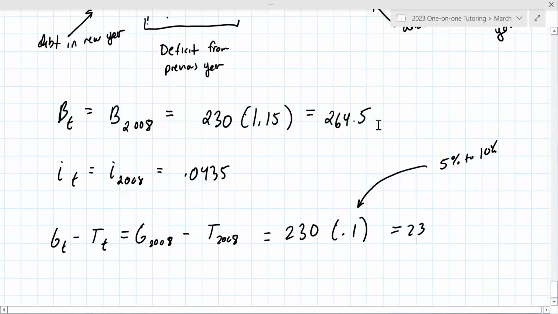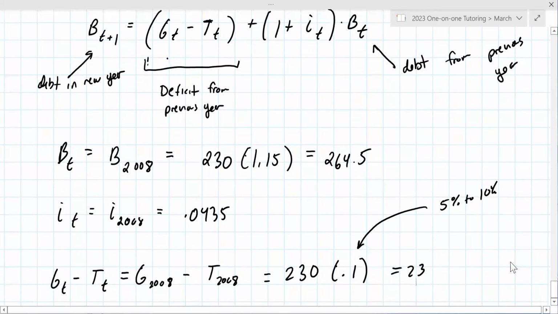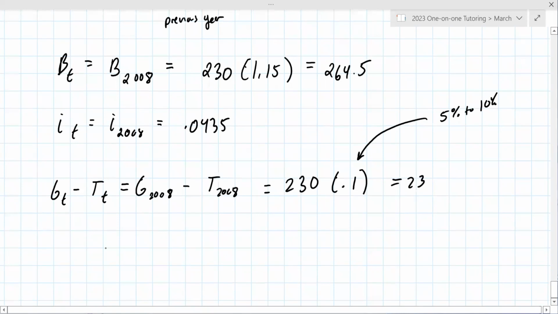So now we go back to our original equation. We have the B of T, we have the I of T, we have the G of T minus T of T. So the debt in 2009 is the deficit plus 1 plus 0.0435 times 264.5.